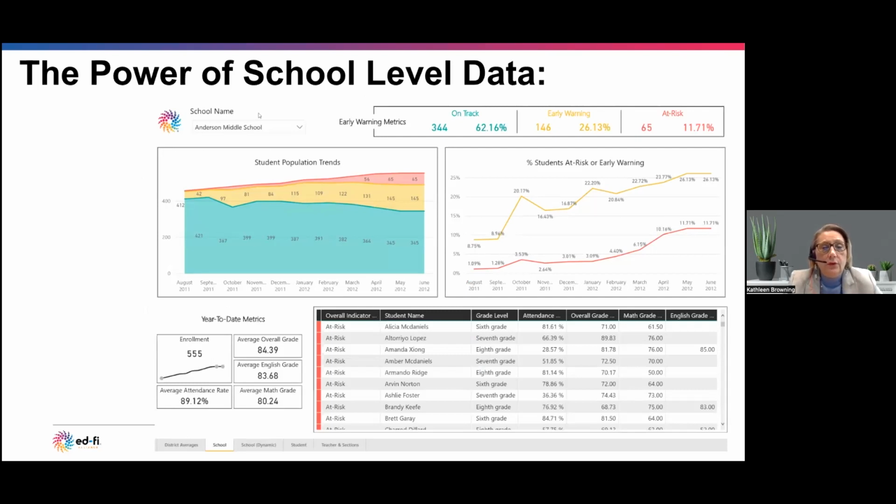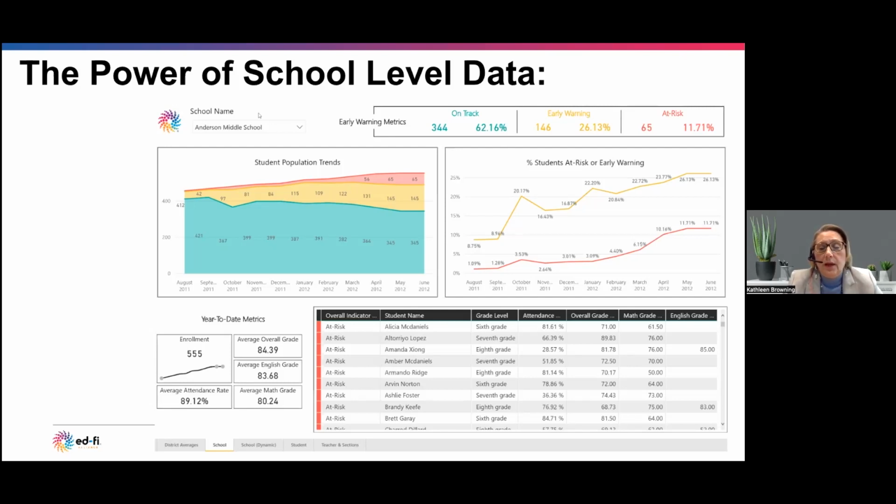This particular view is of a school of the early learning metrics. It shows the number of students in green are those students who have no early warning indicators. The ones in yellow show the students who have one early warning indicator, giving you the opportunity to go and take action and try to move those students back into the green.